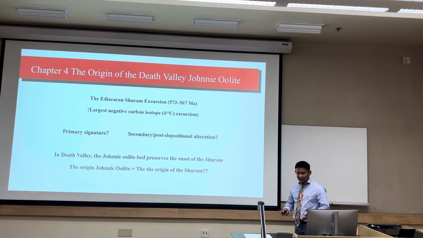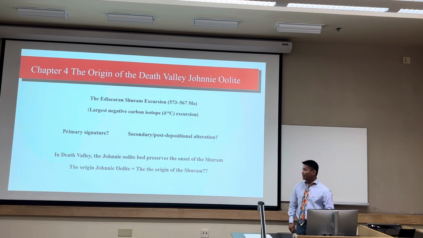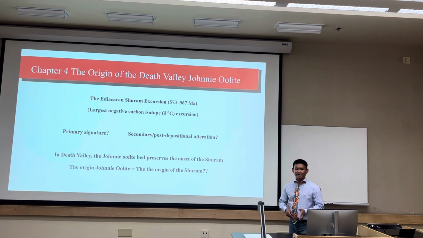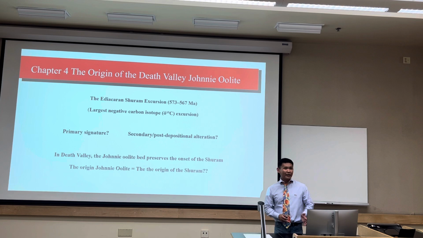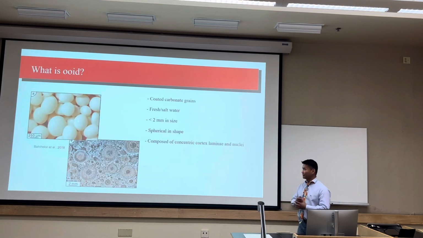And there's a lot of study debating if the Shuram excursion is caused by a primary signature or a secondary signature. In Death Valley, the Johnnie oolite bed preserved the onset of the Shuram excursion. So understanding the depositional environment and the origin of the Johnnie oolite may help us understand the origin of the Shuram excursion in Death Valley.